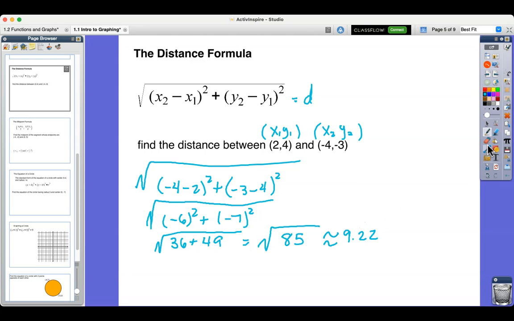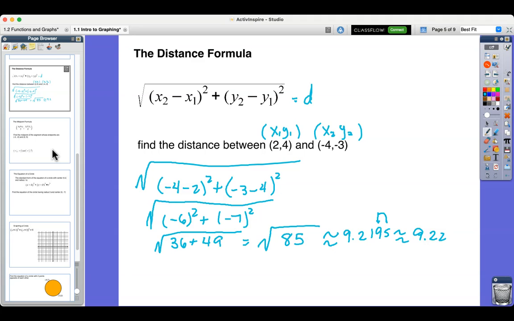I think your homework actually asks you to round to 3 decimals. So this was 9.2195, which rounds off even more to 9.22. Because we look at the third decimal, and then the one after that. The 5 tells us to round the 9 up, so it becomes 10, and you add a 1 over here, so 9.22. All right, so that's the distance formula.